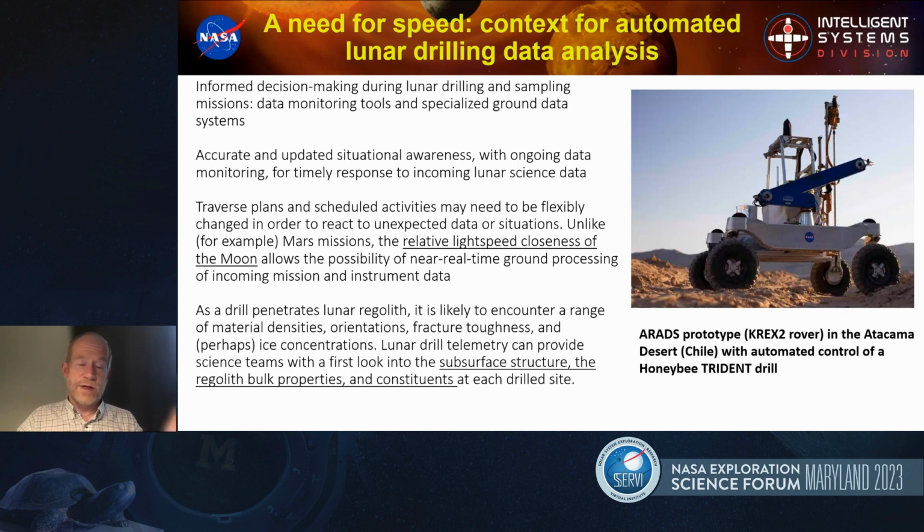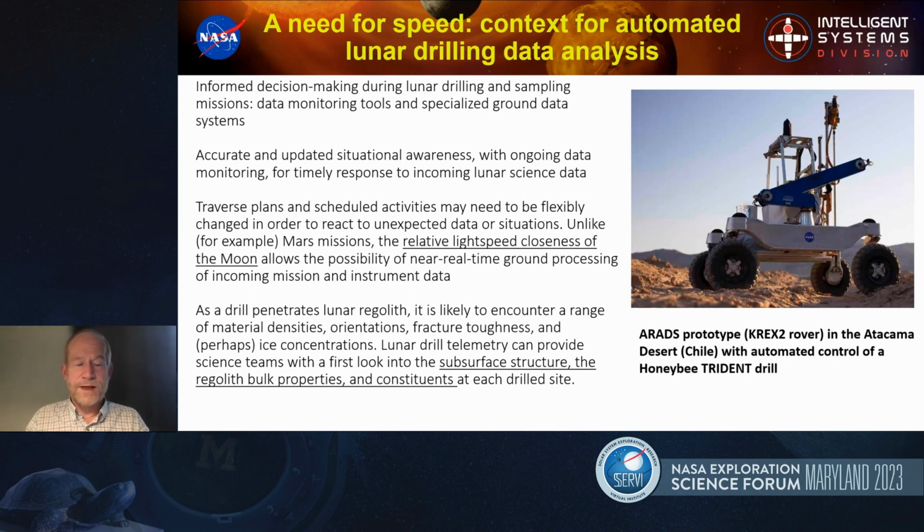We have the luxury of doing that on the moon since it's relatively close in light speed terms, so you can have the possibility of near real-time ground processing of the data, whereas in, say, a Mars mission, it would have to be very self-contained, and only if you had crew members present on Mars could you do the same kind of processing. Otherwise, it would have to be very automated.